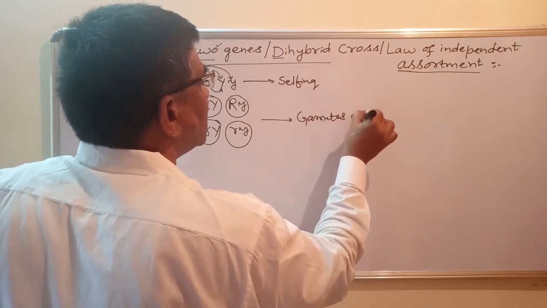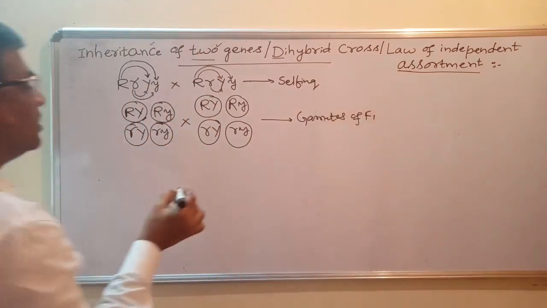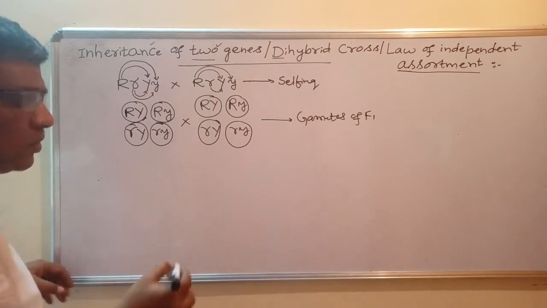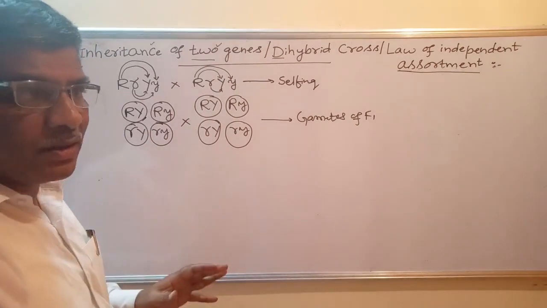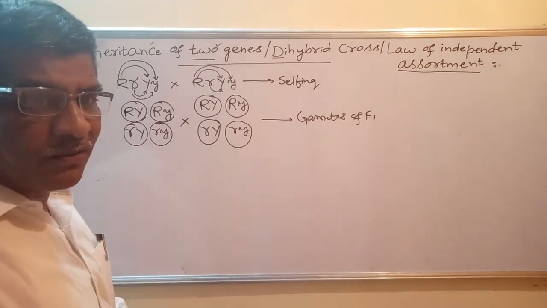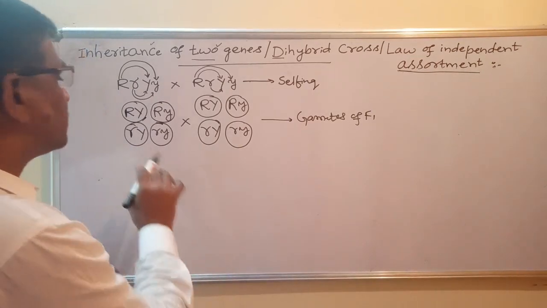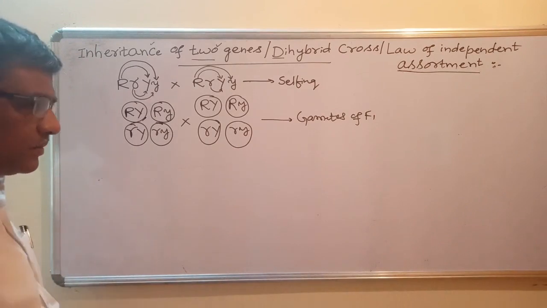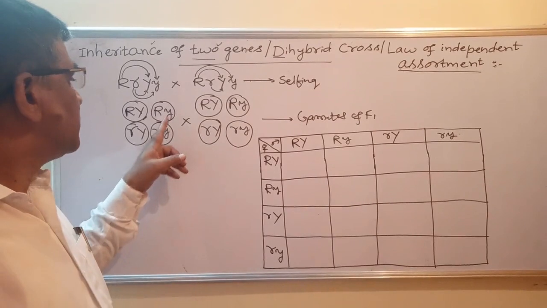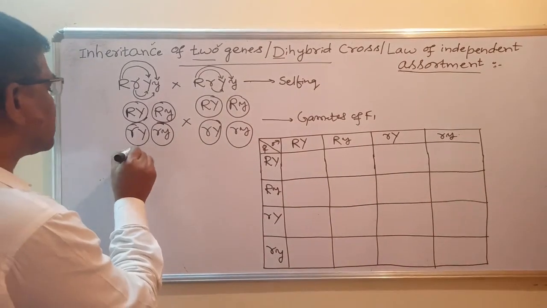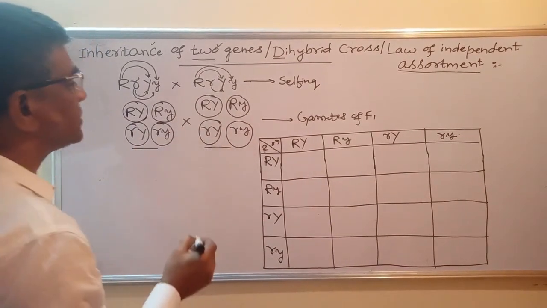These gametes we have to put in the Punnett square to know the possible combinations of F2 plants. These are all male gametes and these are all female gametes.